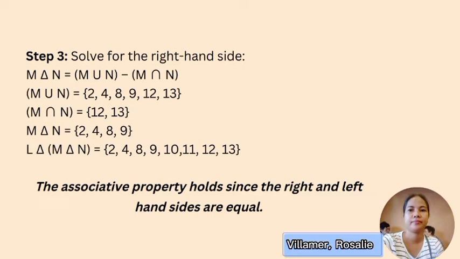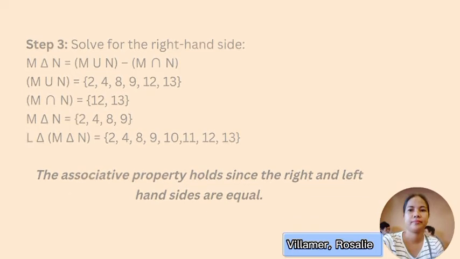M intersecting N is equal to 12 and 13, while the symmetric difference of L with respect to N is equal to 2, 4, 8, and 9. L delta M symmetric difference N is equal to 2, 4, 8, 9, 10, 11, 12, and 13. The associative property holds since the right and left hand sides are equal.